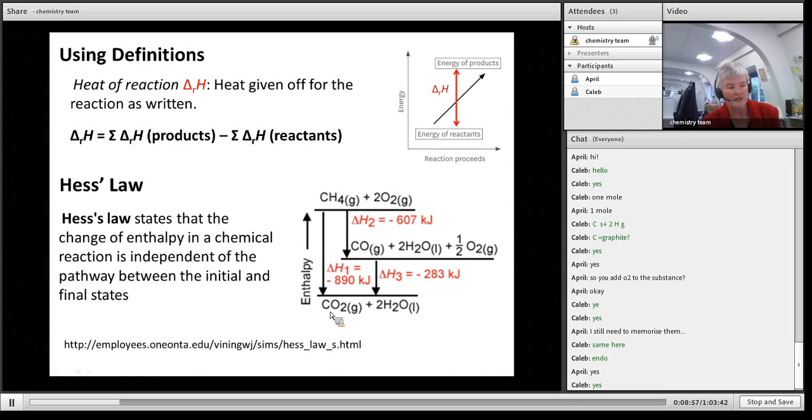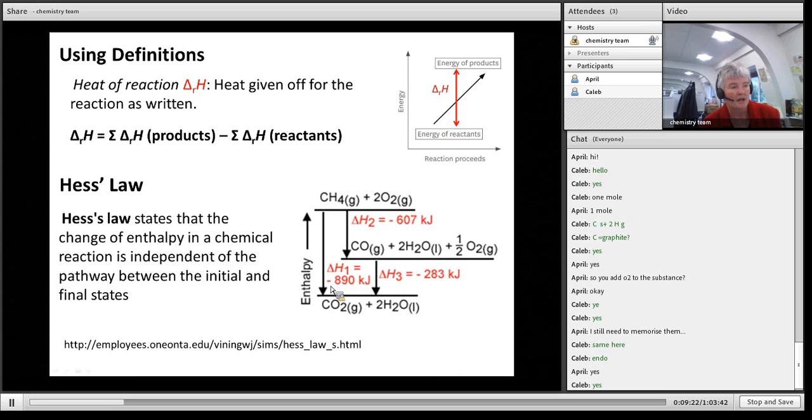And remember, the heat of combustion is always to the usual oxide and water. So I can measure practically in a bomb calorimeter that I'm going to have 890 kilojoules per mole being released. That's what the negative means.